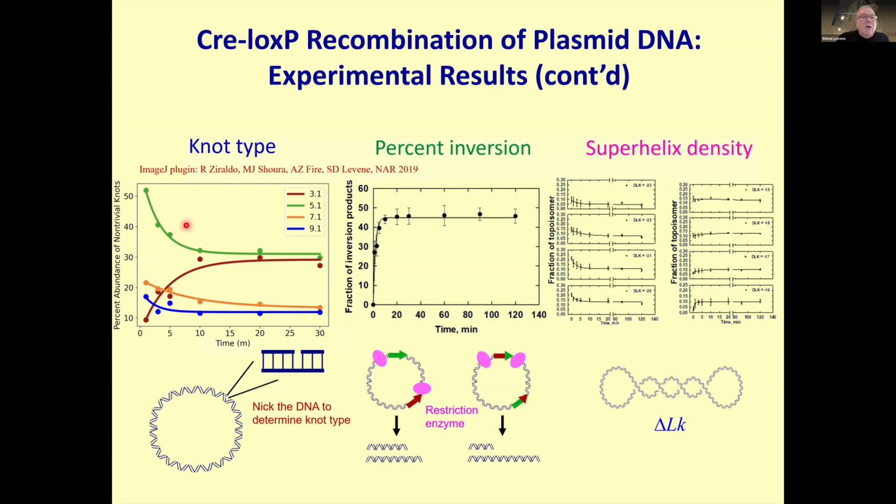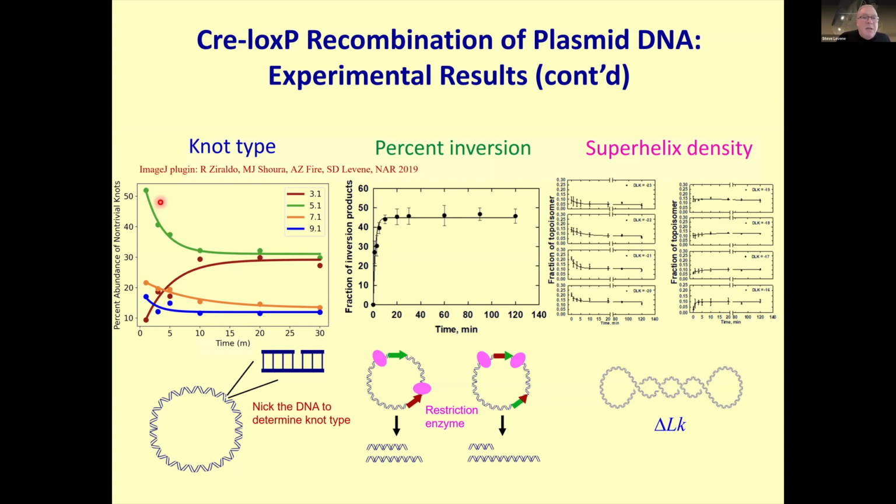So the most probable knot type here, by the way, this is the percent abundance of non-trivial knots that we have plotted here. So it's not the percent abundance of knots within the entire population. This is normalized to the population number of non-trivial knots only.